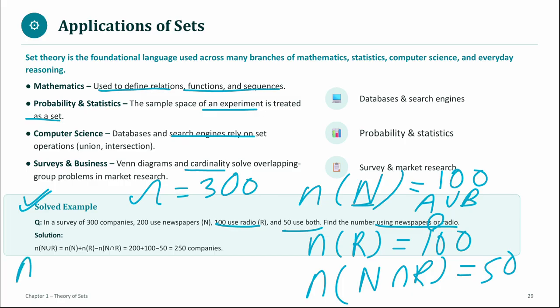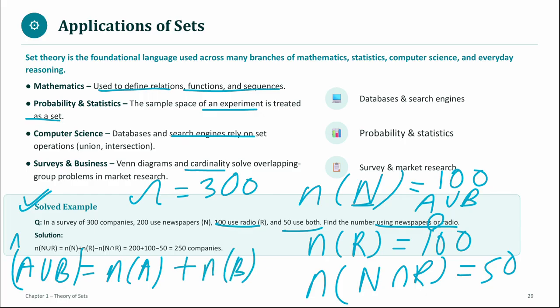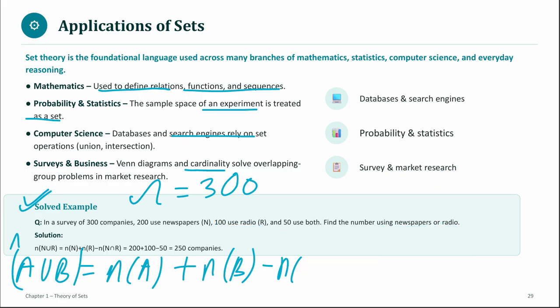We have already talked about this: n of A union B is equal to n of A plus n of B minus n of A intersection B. Similarly, we are going to place all of our values here.